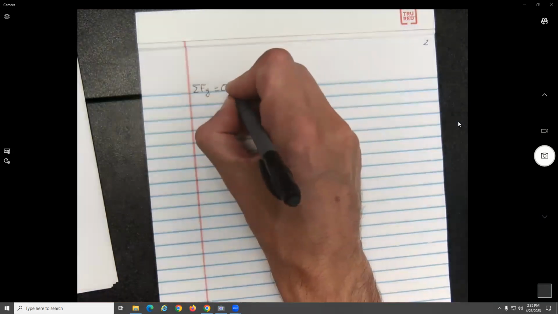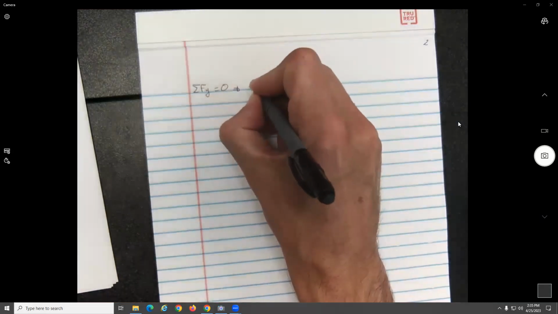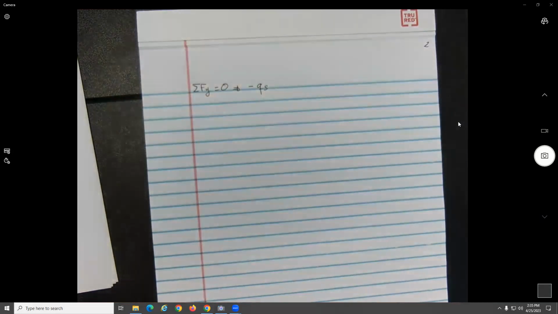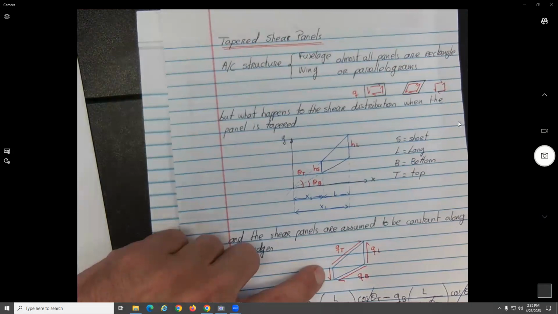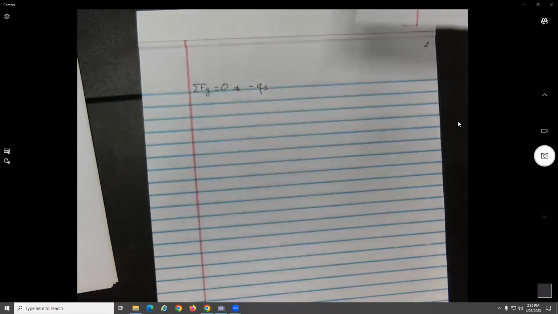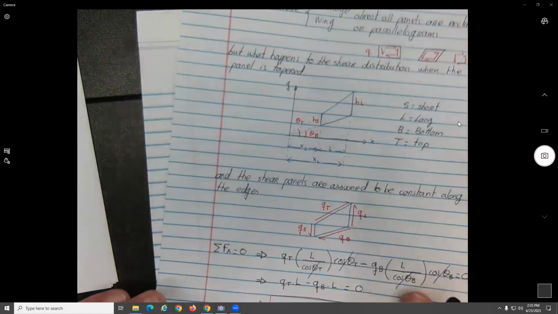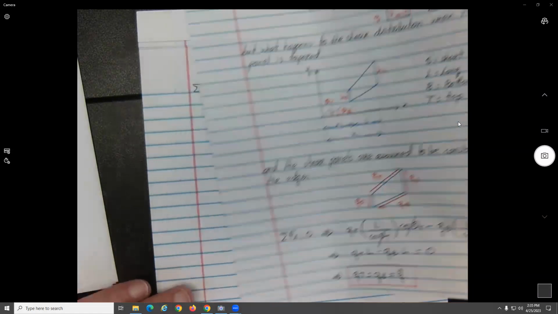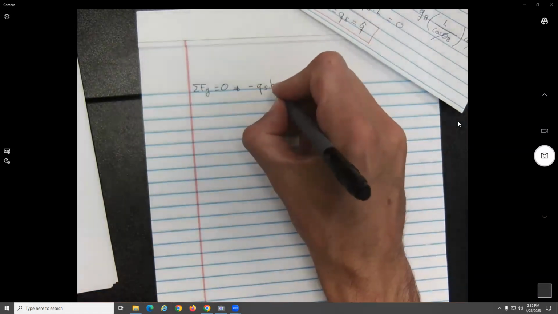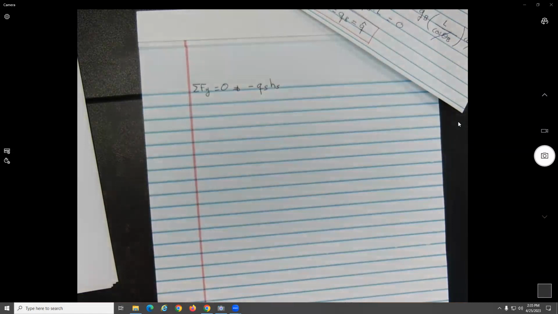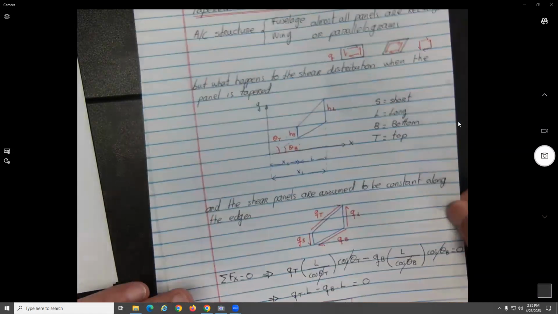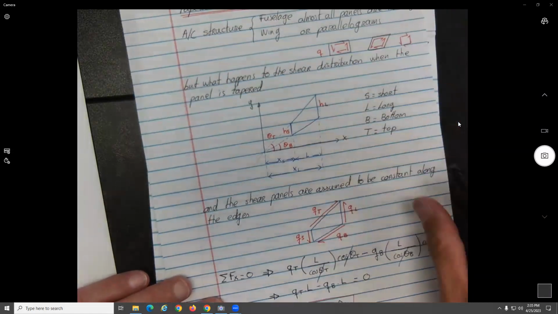So you do summation of forces on the Y, you're going to find minus Q sub S, these ones are literally on the y direction, minus Q sub S times H S plus Q sub L H L.